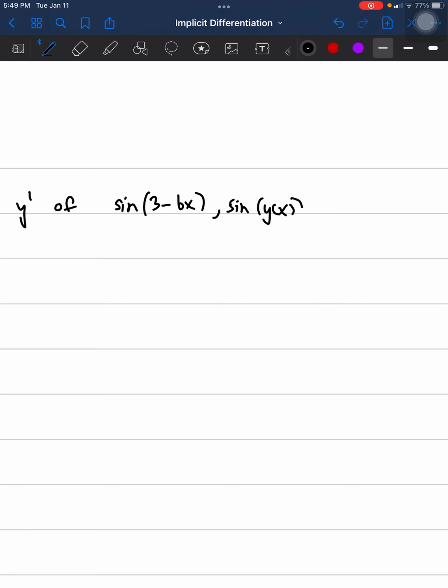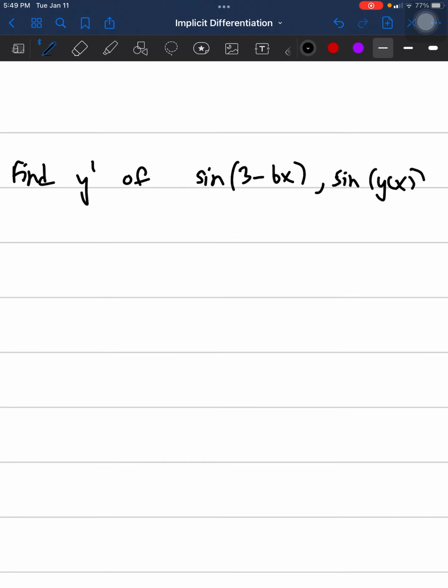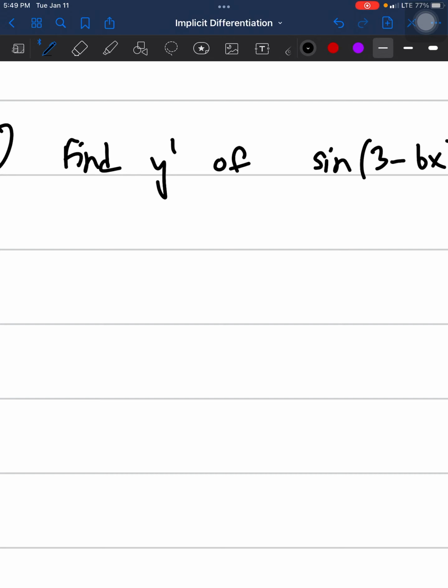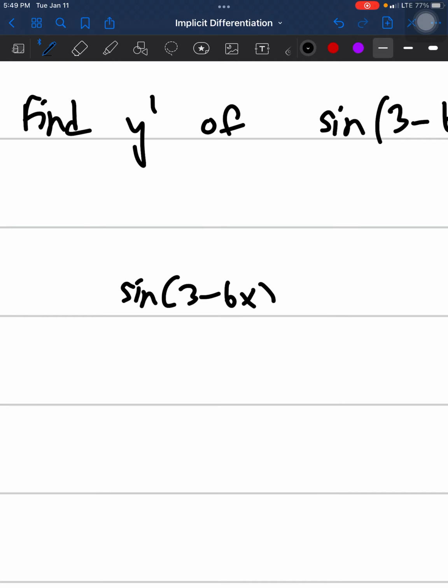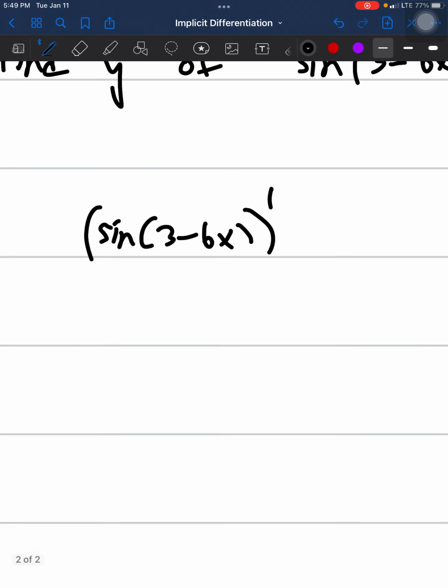The first function we have to differentiate is basically a quick chain rule problem. We're going to be finding the derivative of sine of 3 minus 6x.